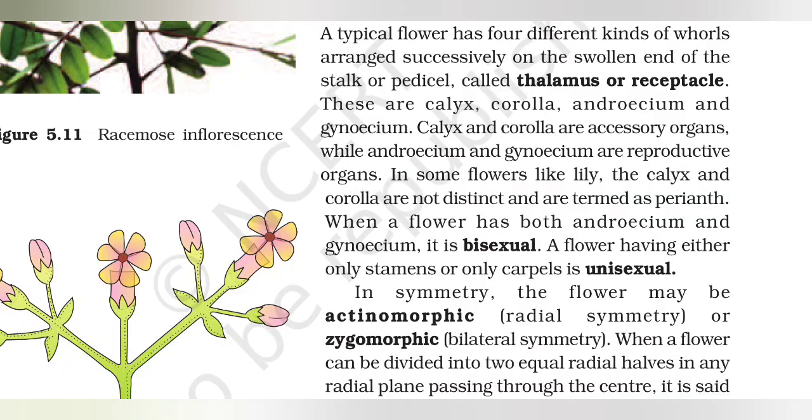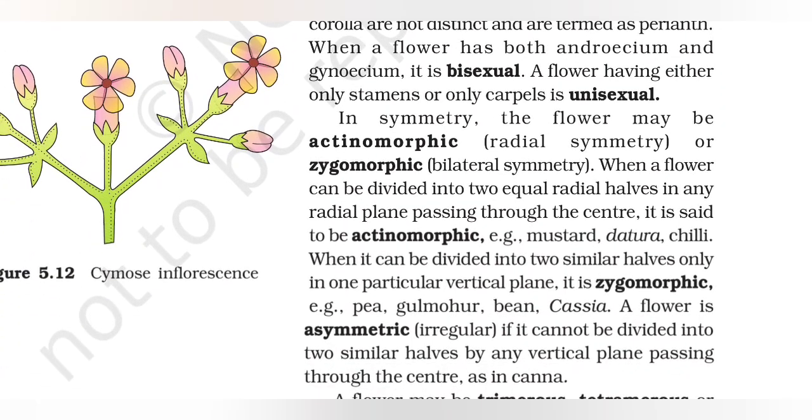When a flower has both androecium and gynoecium, it is bisexual. A flower having either only stamens or only carpels is unisexual. In symmetry, the flowers may be actinomorphic, radial symmetry, or zygomorphic, bilateral symmetry.